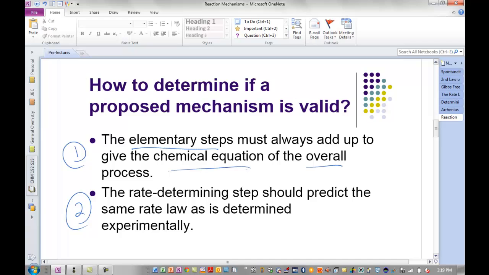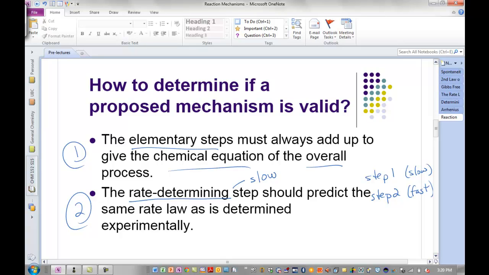So that's easy. We have these steps of a mechanism, and they better add up. Now, you'll notice this term rate determining step. One of the steps in the reaction, say it's a two-step mechanism, step one, let's say that's going to be slower than step two.